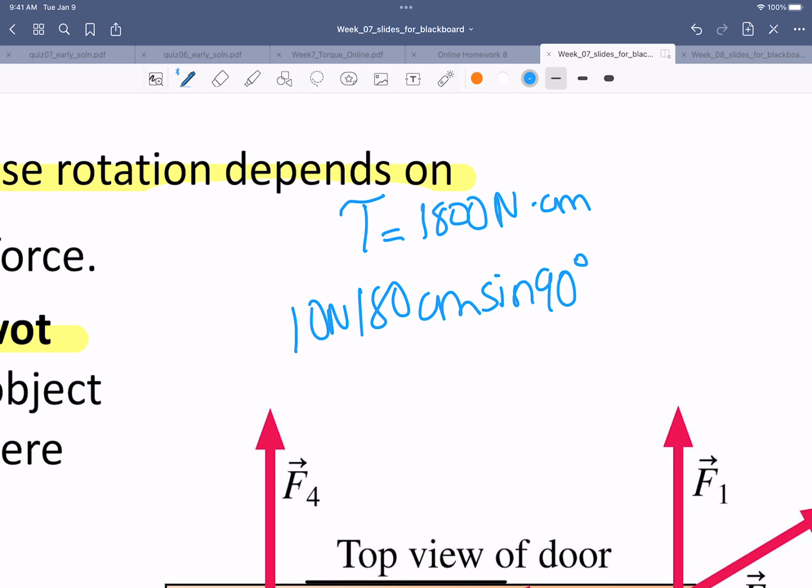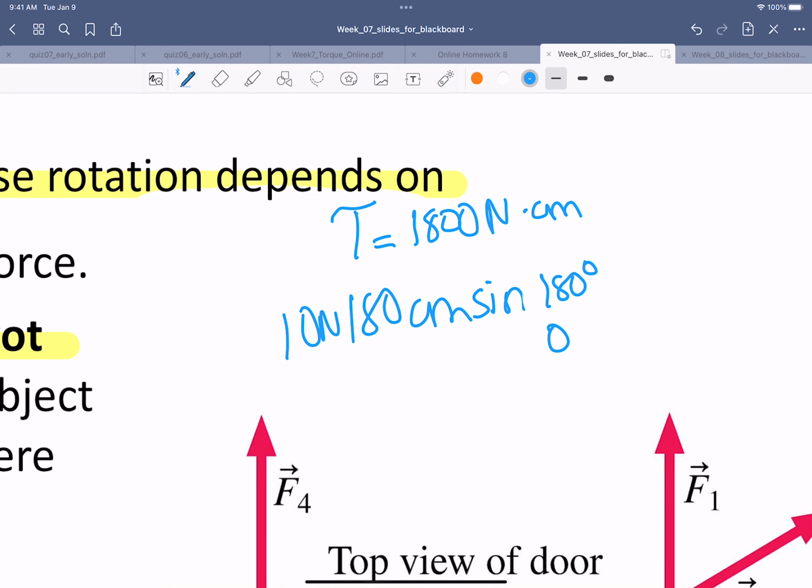Cool. Now, the issue is, what if I'm just stupid and I decide to push on the door literally along the hinge, for example, so at a 180 degree angle or at a 0 degree angle.